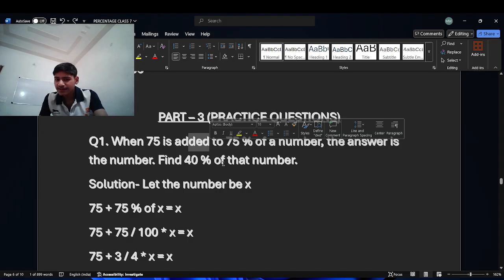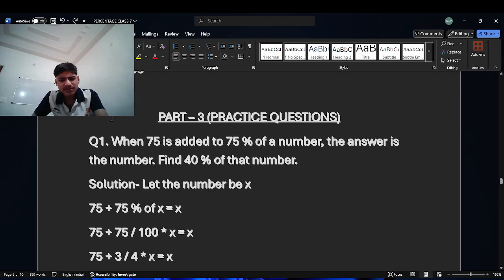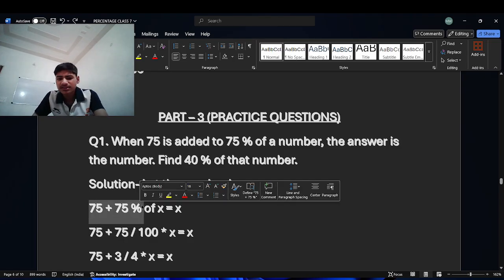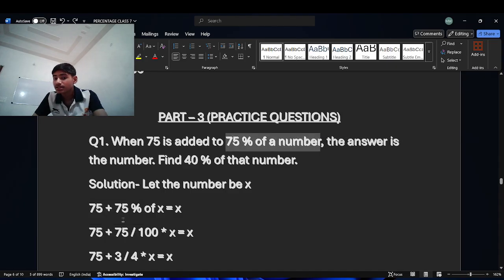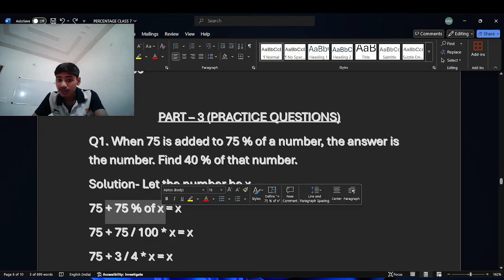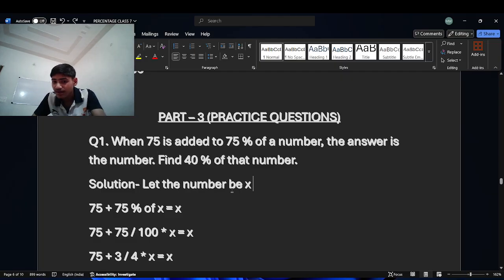Let the number be x, any variable, I have taken x. So 75 plus 75% of x equals the number, and since I have taken the number as x, the answer will be x only.